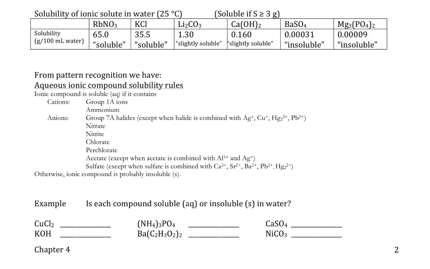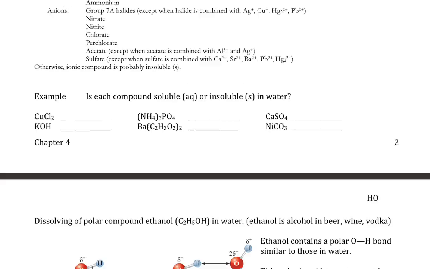Remember, ammonium is NH4+, so that doesn't help us. So let's go to the anion list. It is a group 7A halide ion, and Cu2+ is not one of the exceptions, so we would say aqueous. Okay, so come back later and do that example.